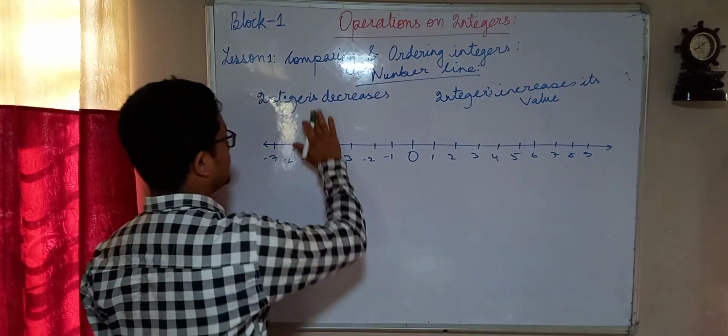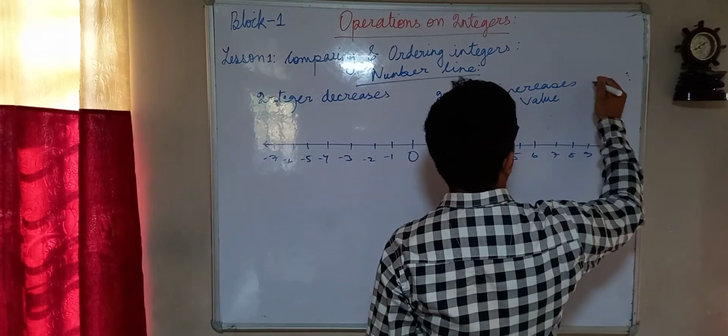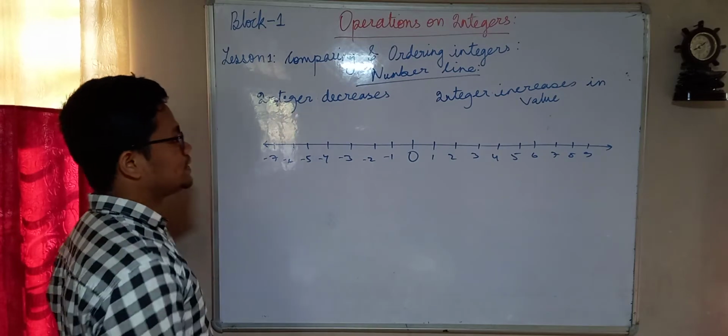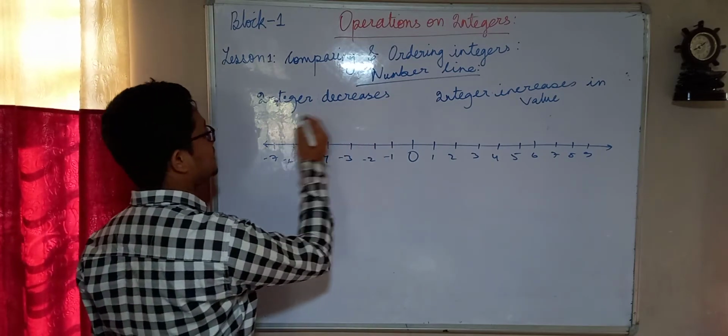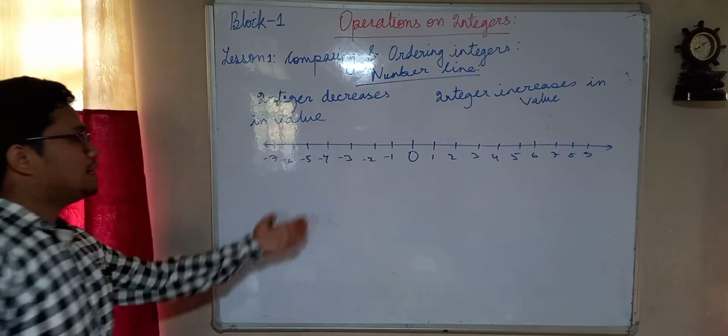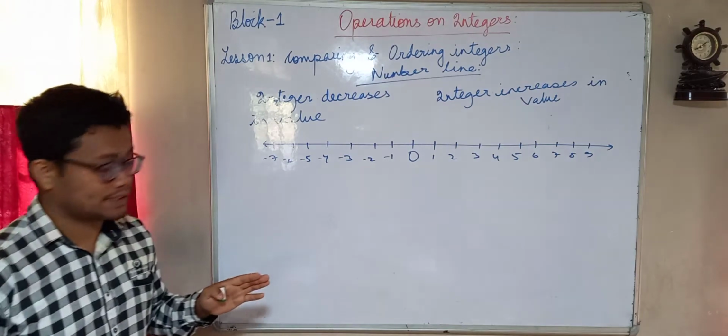Integer increases in value on the right, and over here integer decreases in value. That means as you go leftwards in this direction, the value of an integer always decreases.